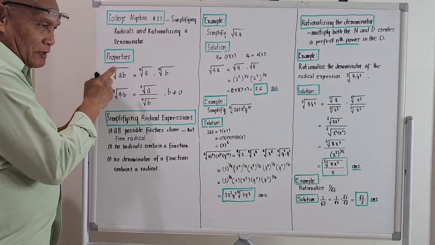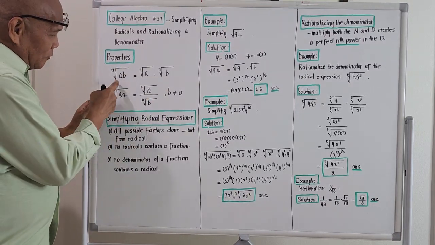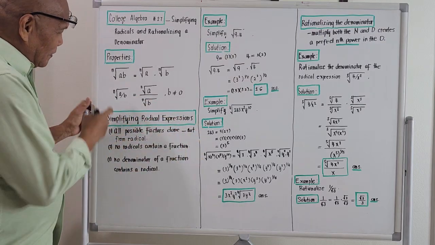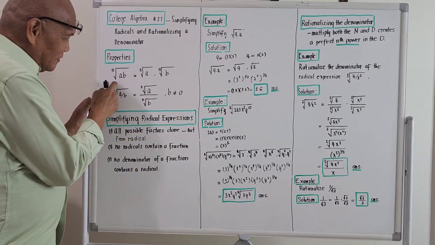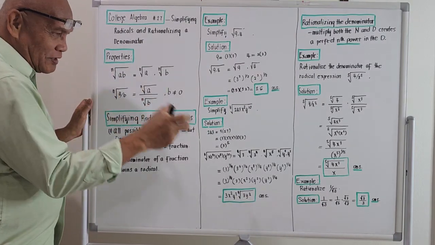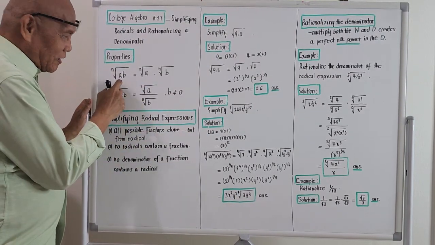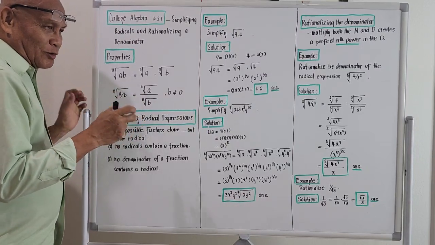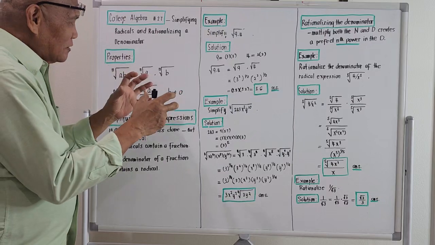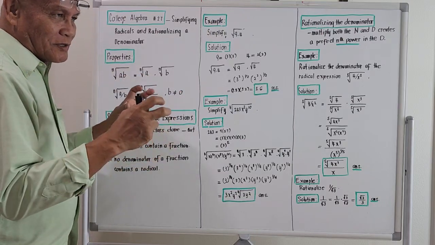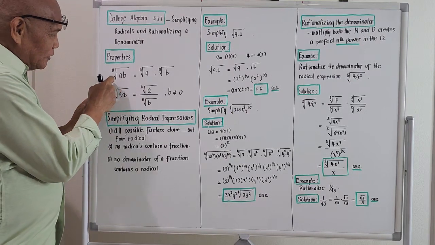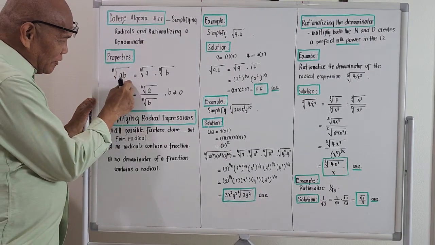The number one equation is actually, let's have a review first. This is a radical sign, right? This is the index. The terms inside the radical sign are the radicand. It could be either one term or two terms, but for this topic there are two terms inside the radicand. So the first one is the nth root of the product AB.